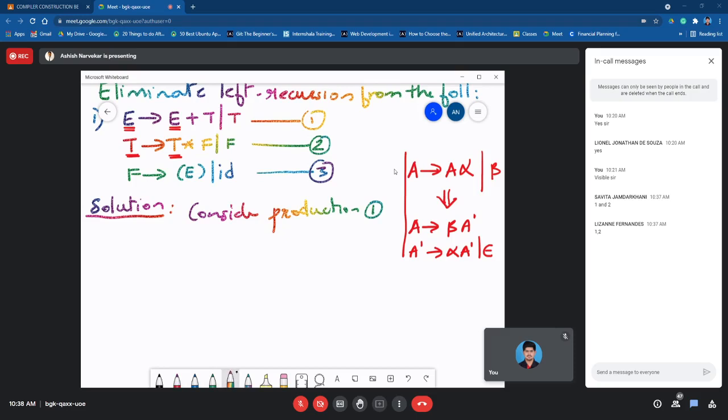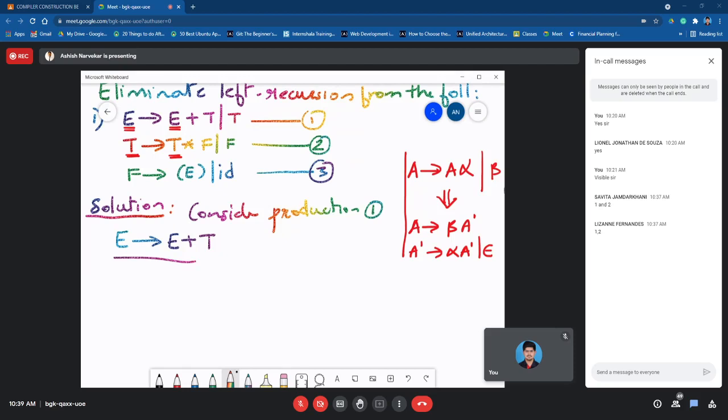Okay, so consider first production. Now, first production over here, which contains left recursion, is E derives E plus T. Okay, now since this production contains left recursion, since this is just a first problem that we are solving, I can just take some time over here to map this with the rule A derives A alpha or beta.